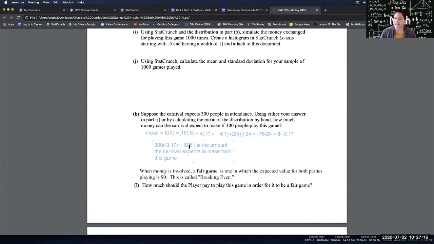You're still going to get roughly close to $951. It might be off a little because some of us had $2 something, but it's going to give you a good idea. And this is what people use to project how much money they're going to make off events. If they know off each individual what they expect to make and how many people they expect, then they can forecast what profit they're going to make.